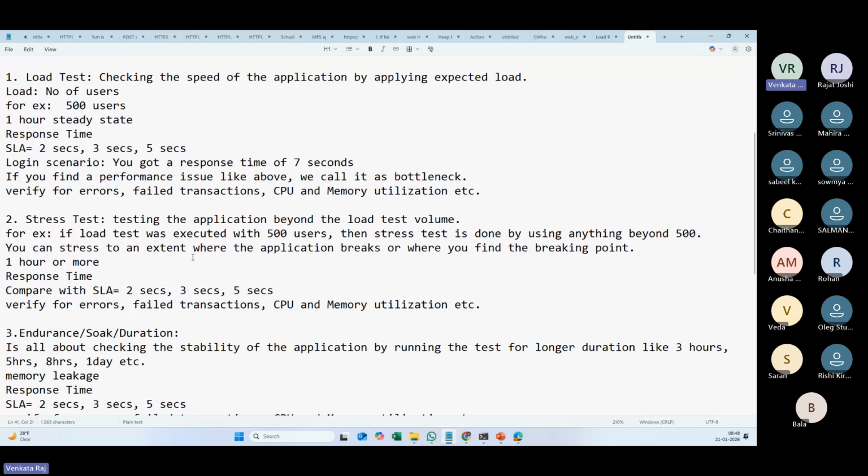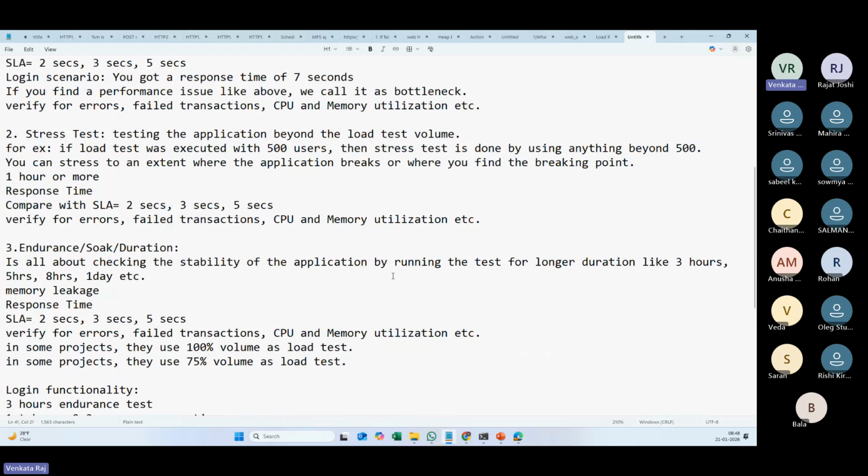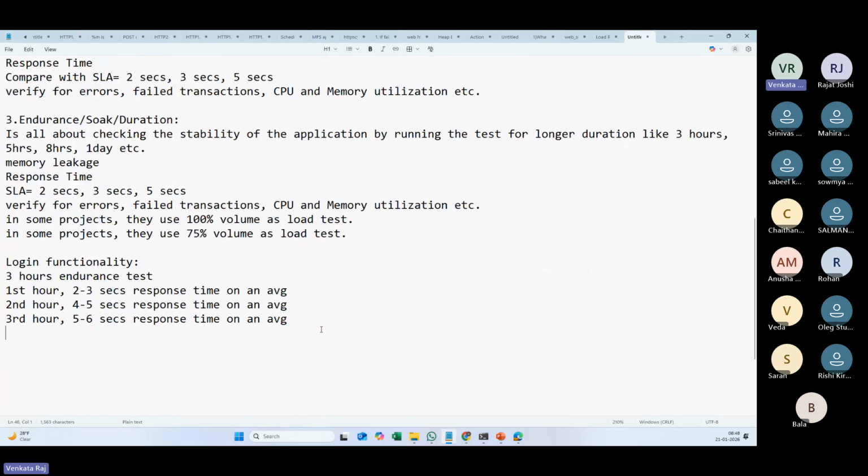In our practical sessions, we will also run a load test for 1 hour, and we will see what issues we generally observe. All the points that I mentioned here, we will take a look at. Similarly, I'll also tell you how to configure and run stress tests, endurance tests, and other types of tests as well.